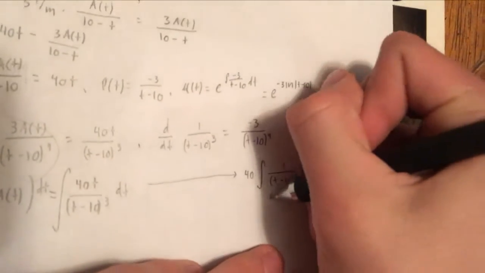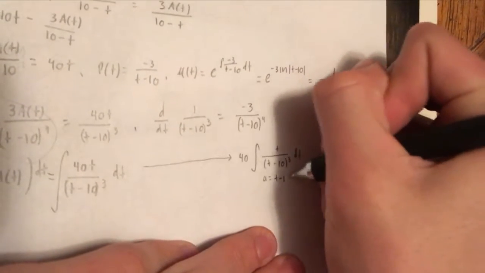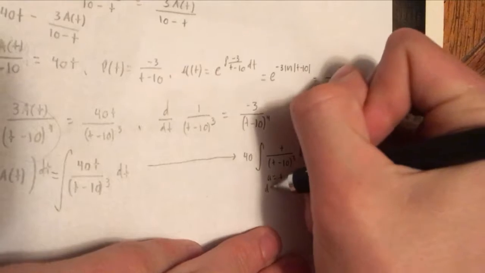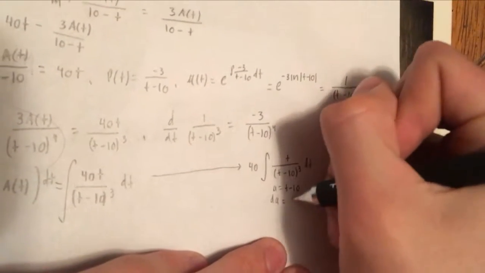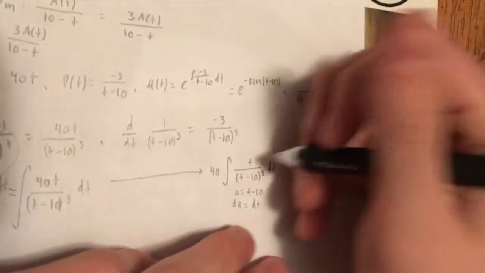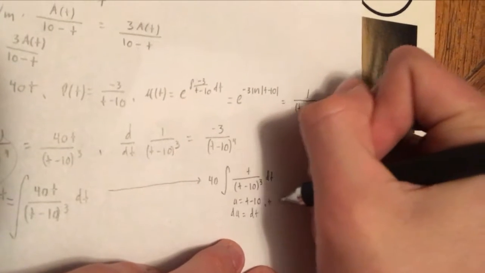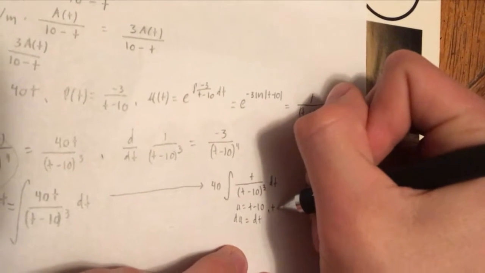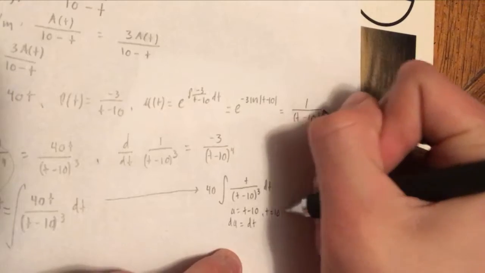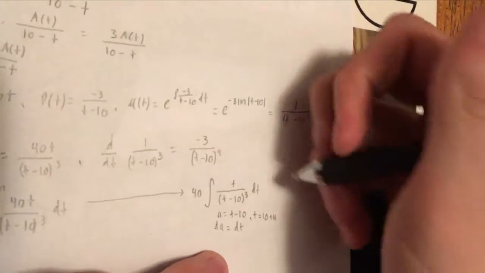And then u is going to be t minus 10, du is just going to be dt. And then solving for t, we have 10 plus u.